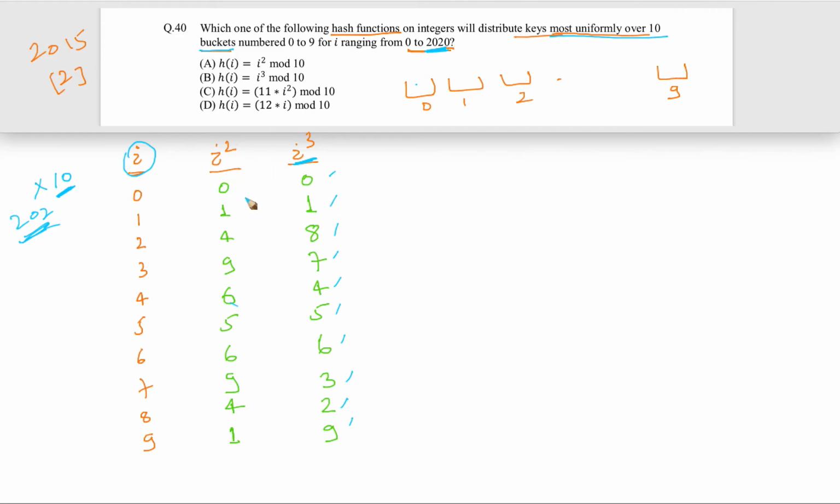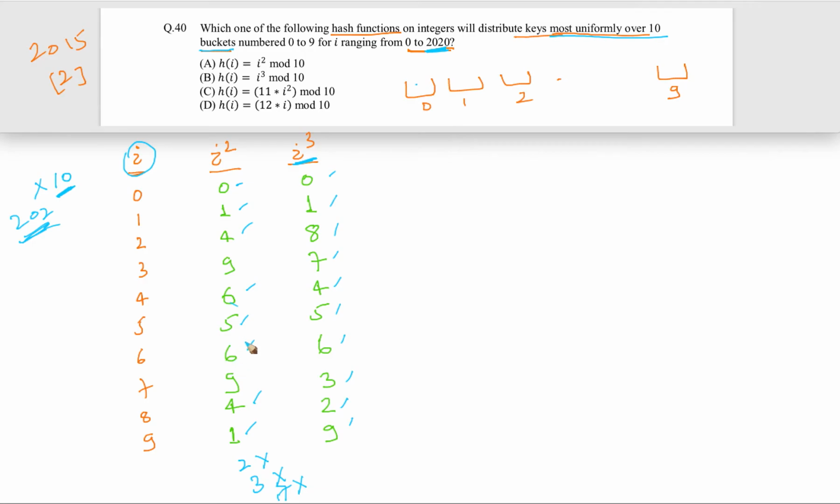In I square you will see that 0 is there, 1 is there, but guess what, 2 is not there. Then 3 is also not there, then 4 is there, 5 is there, 6 is there, and guess what, 7 is also not there.